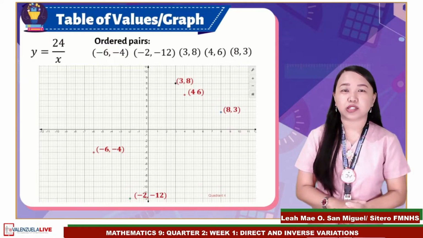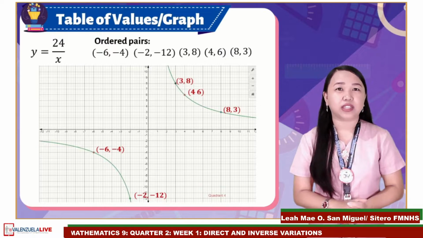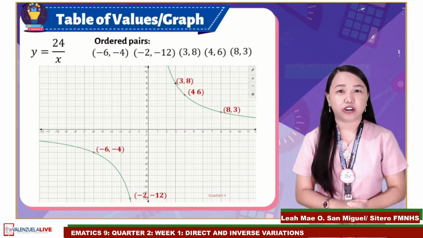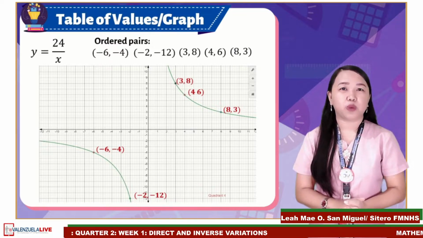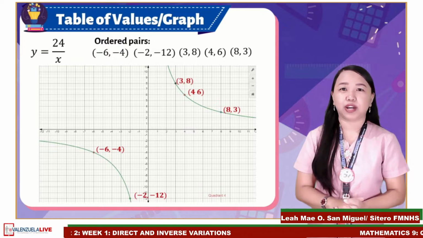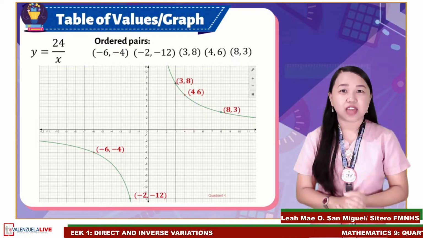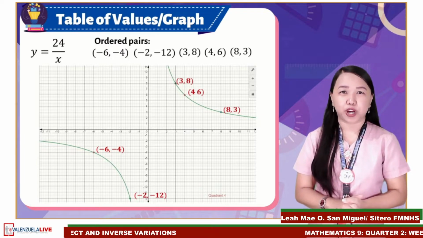Connect the points on quadrant 1 and connect the points on quadrant 3. Here is the graph of the given table of values and the equation y is equal to 24 over x. Again, the graph of an inverse variation is called hyperbola.